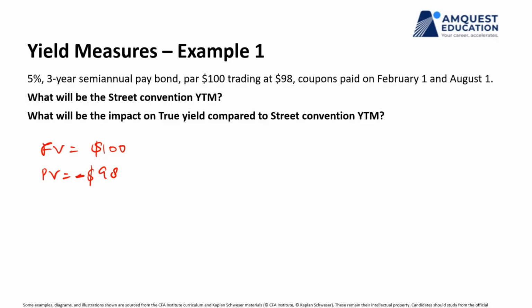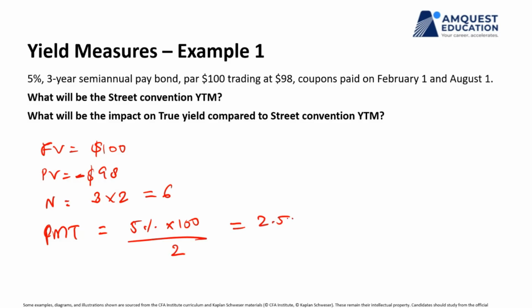So that $98 goes out of your pocket. N is 3 years times 2, because this is semi-annual, so 6. And coupons, we have 3-year 5% coupons, right? So the PMT key will be 5% multiplied by $100 divided by 2, just $2.5.